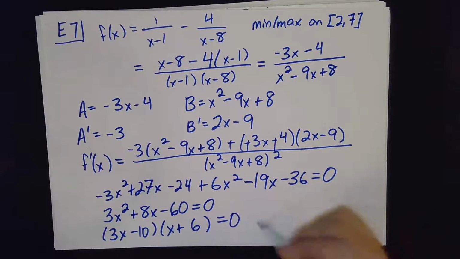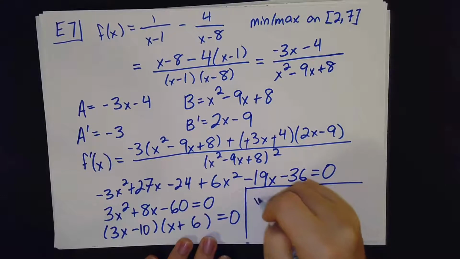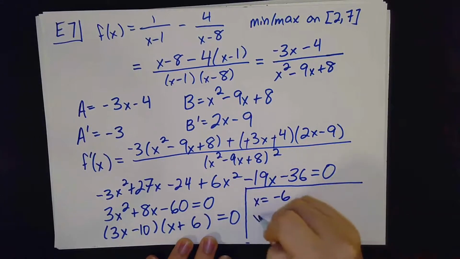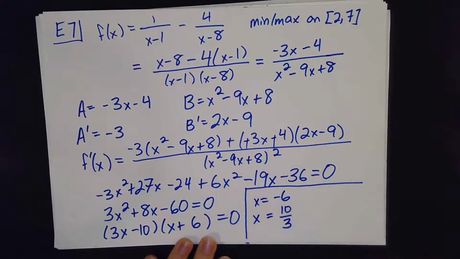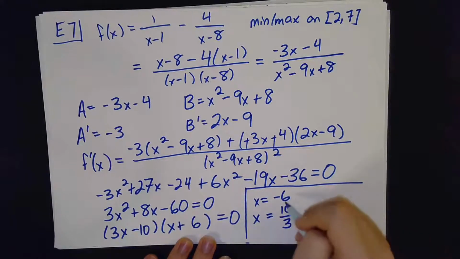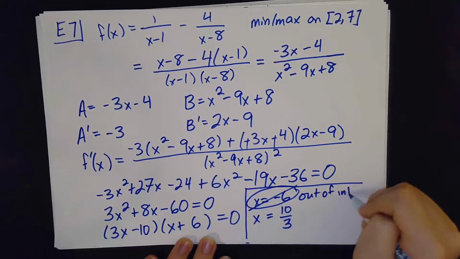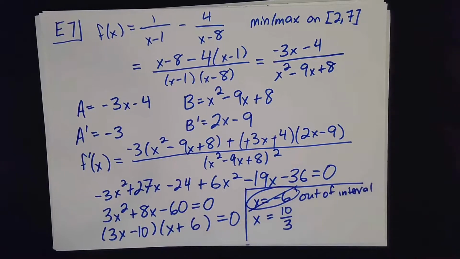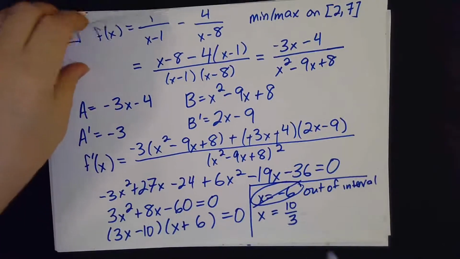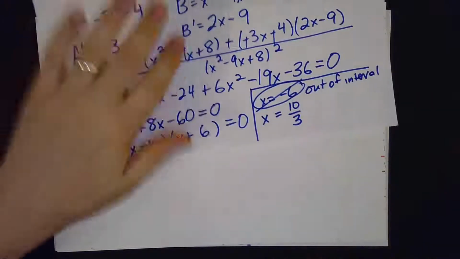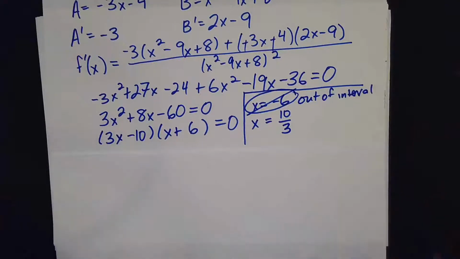Okay. So that gives me my two critical numbers, x equals minus 6 and x equals 10/3. But notice this one is out of the interval. So I really only have to look at 10/3 and then the two endpoints.